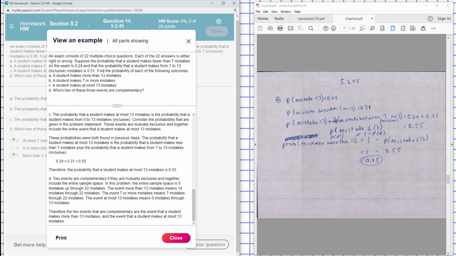So what you can do is, you can use a complementary rule here. If you know how many are less than 13, then you can subtract that off, and whatever's left is going to be more than 13.